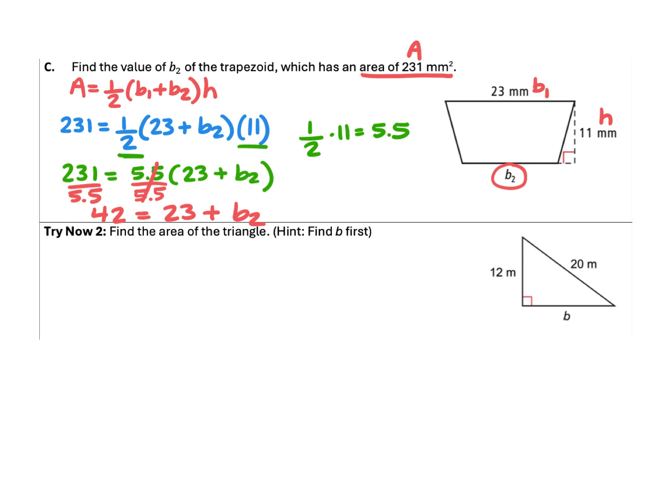And now if we just subtract 23 on each side, we'll get our answer of B2 equals 19. And that's just, again, subtracting 23 from each side. So the base 2 is 19 millimeters.